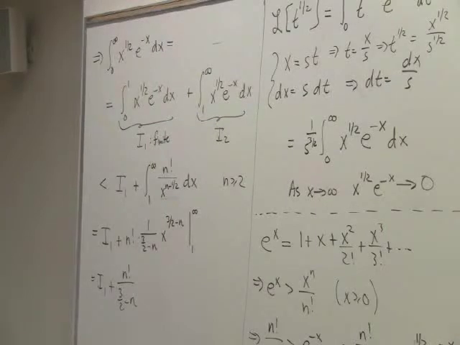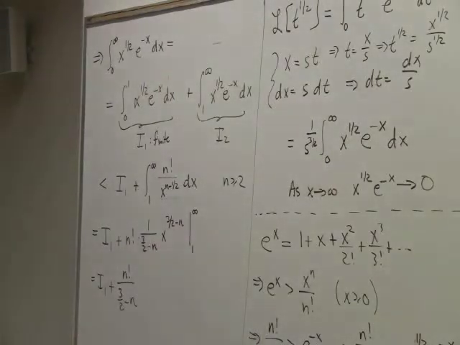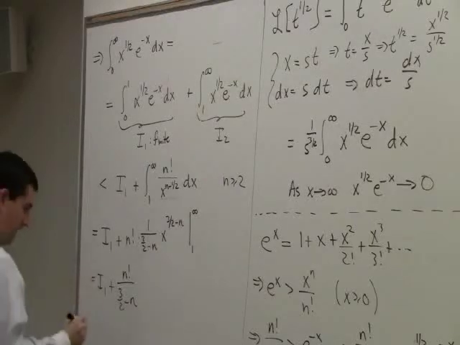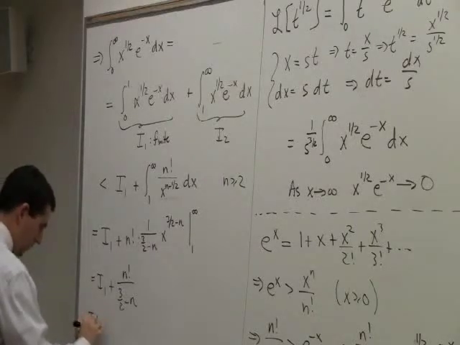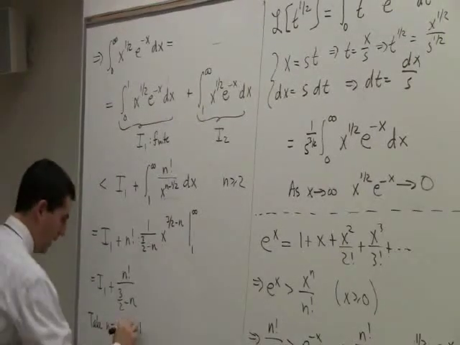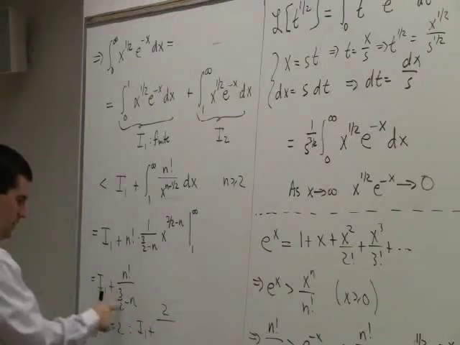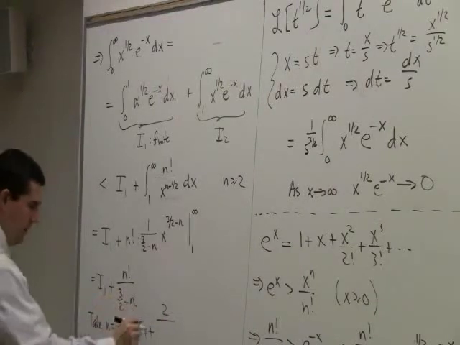And it doesn't matter what this number n is for now. One thing's for sure, it's finite. It's a number. So if we take n equal to 2, for instance, then what do we get? We get I1 plus 2 over 3/2 minus 2, which is over minus a half.